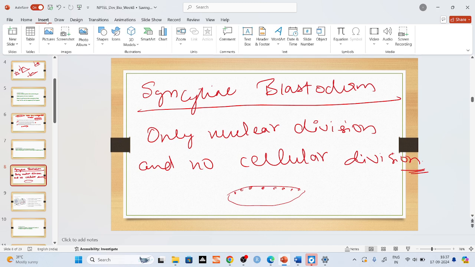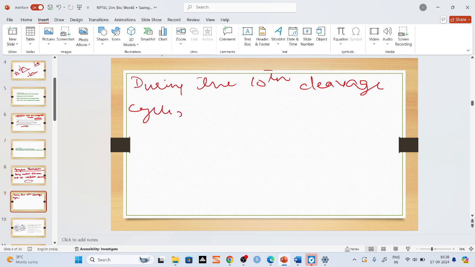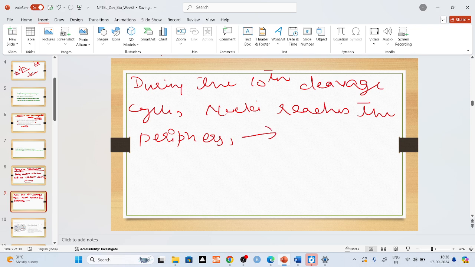Then approximately during the 10th cleavage cycle, your nuclei reach the periphery and form a cellular blastoderm.